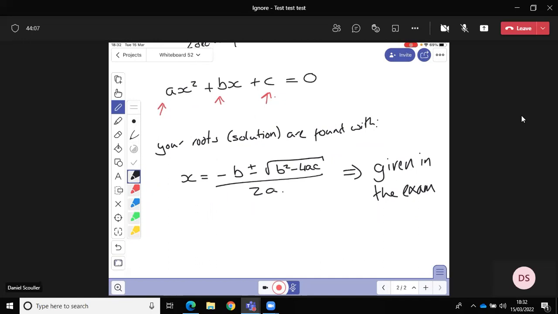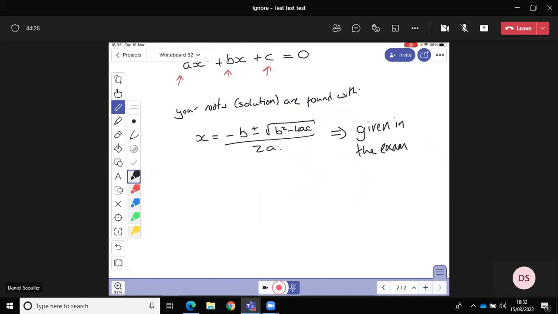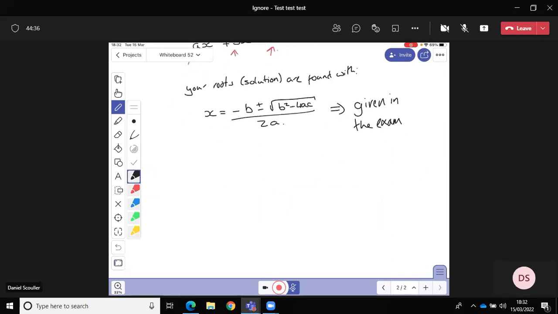If you're not familiar with that, try and pull a past paper and just have a wee look at that formula sheet and just get comfortable with it and what it tells you. But this equation, you don't have to memorize it, you just need to know how to use it. There's a few key important steps when you're using this equation and solving with this equation. So I'll just give you that methodology first, and then we'll start introducing examples.